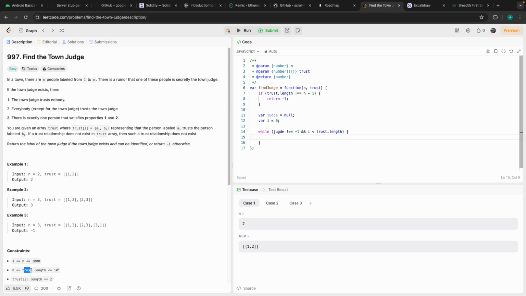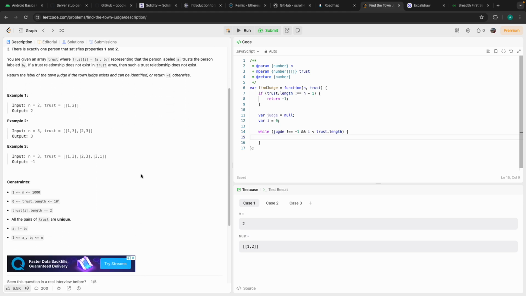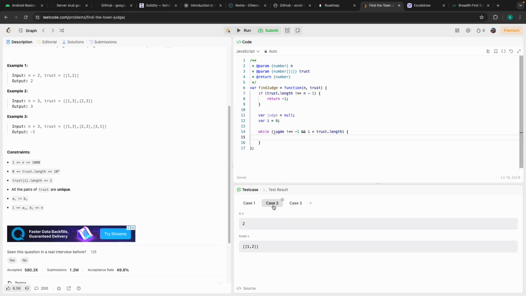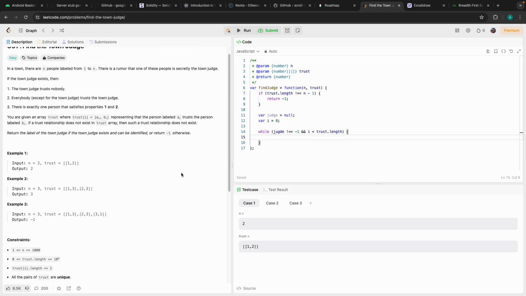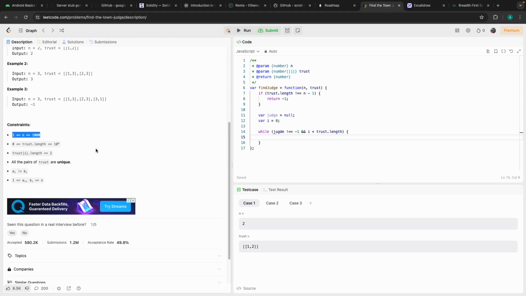Constraints: trust length can be 0. If it is 0, if we have one person who doesn't trust anyone, then it is the judge.